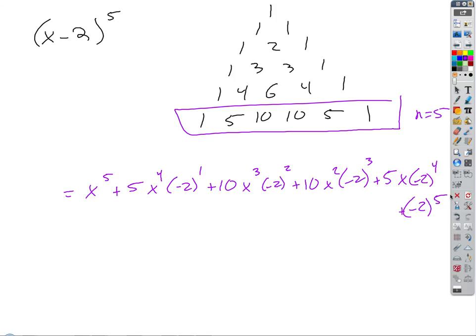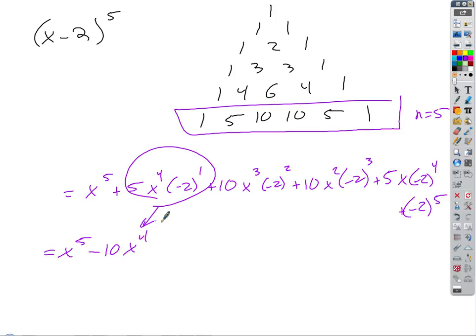Of course, negative numbers to odd powers are negative, right? So I could simplify this to just be x to the 5th plus, what am I going to get, negative 10x to the 4th. Do you see that? Oops. So I can just make that a minus. Right?